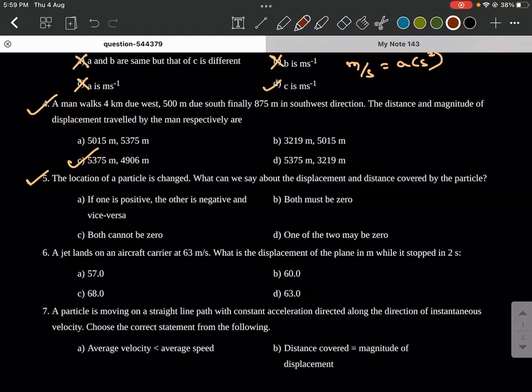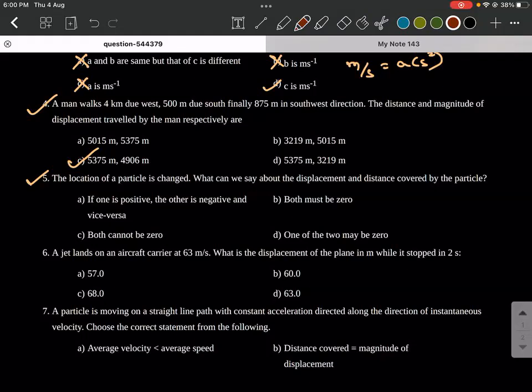How to do? Idea, logic, student. What do you understand from the question? So what do you infer from it?